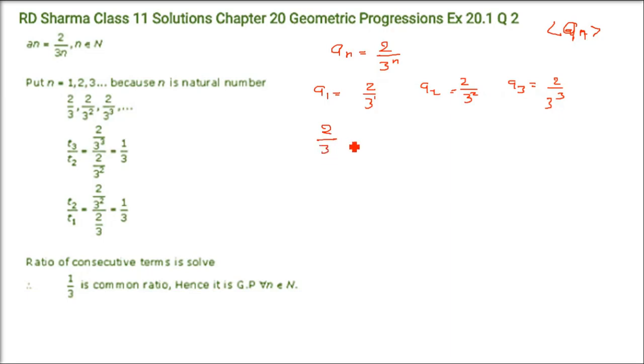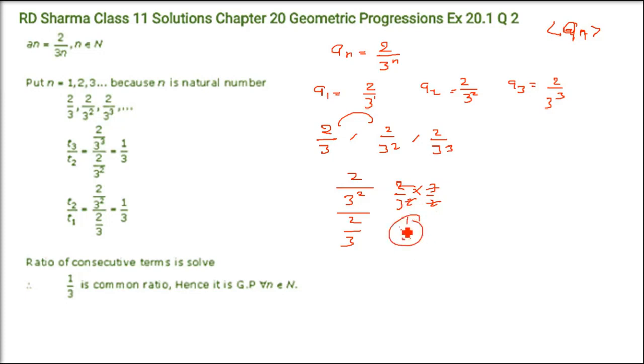So what do you get? There is a series being formed: 2 by 3, 2 by 3 squared, 2 by 3 cubed. Now divide, 2 by 3 squared divided by 2 by 3. So this will be 2 by 3 squared into 3 by 2, 2 cancels, 1 3 gets cancelled, so 1 by 3 it will be.